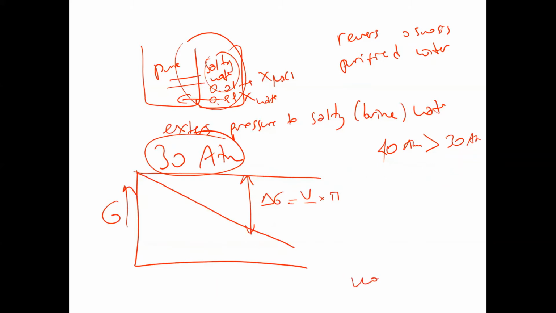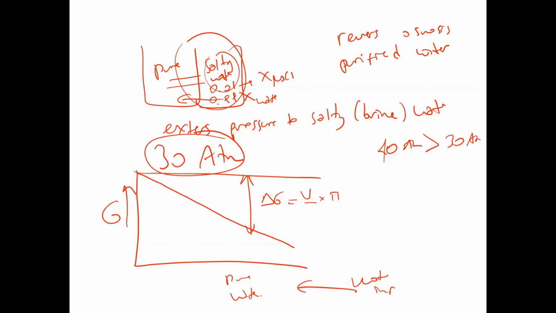Normally, pure water exerts 30 atm pressure to salty water, but when we exceed this pressure, let's say apply 40 atm, purified water can be produced. The water from the impure side goes to the pure water side, and in this way we can manufacture clean water, and this water contains no ions dissolved in it.